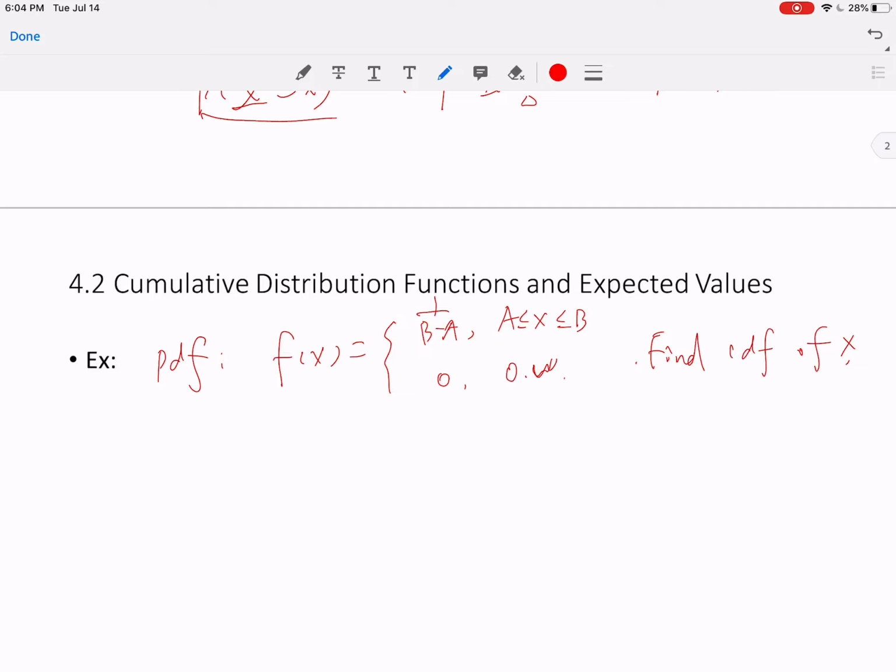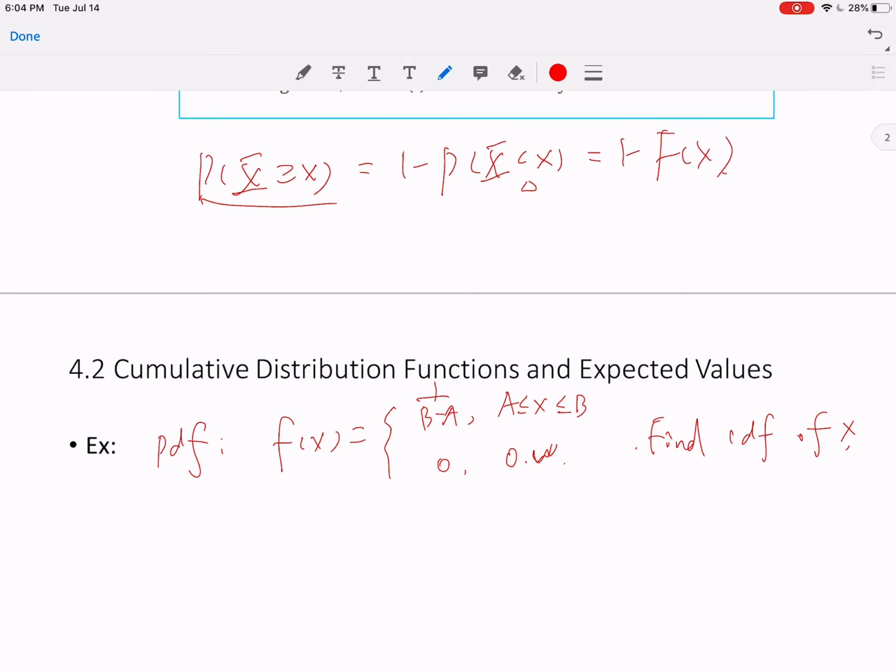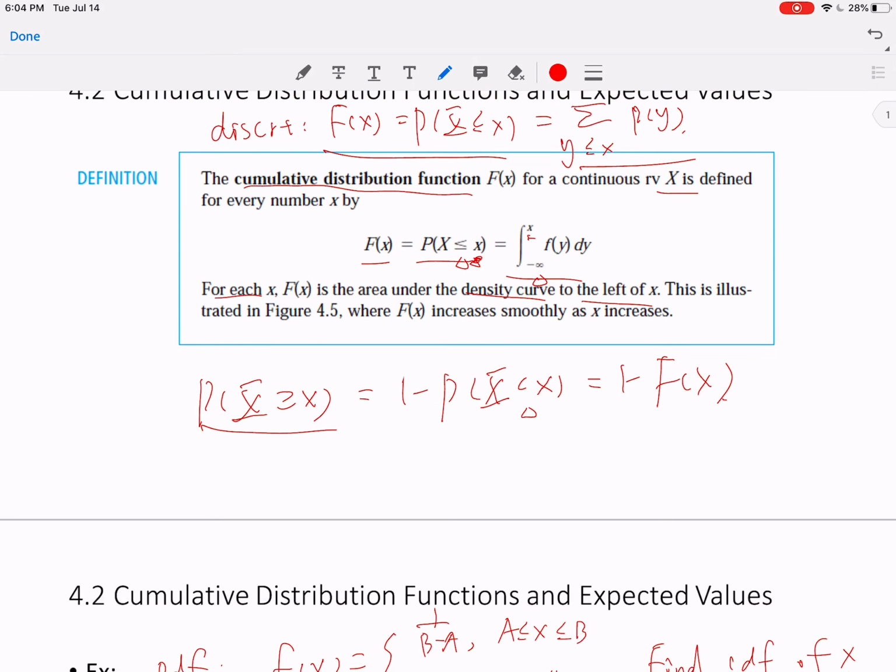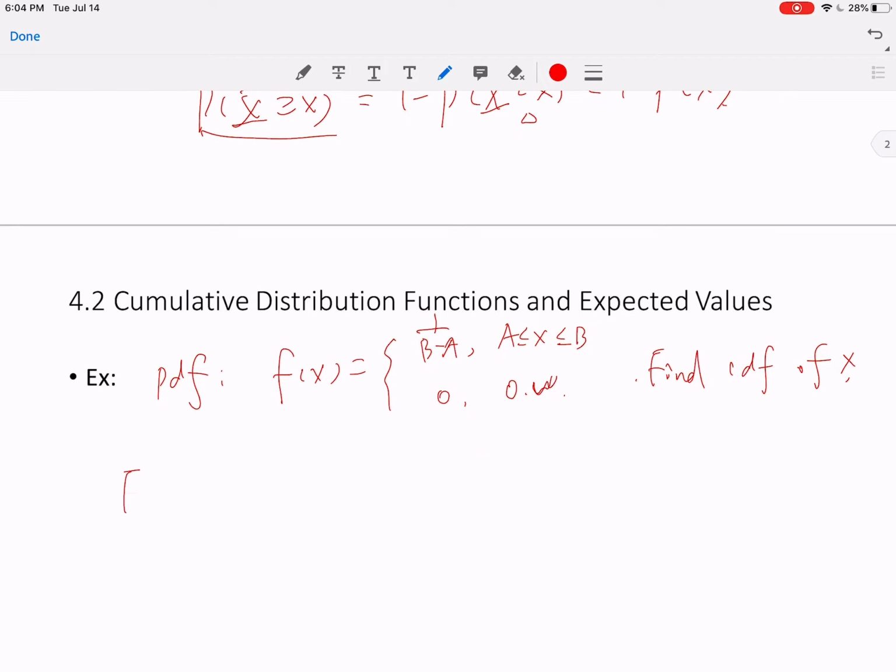If we want to find the CDF of X, we just go back to the definition. F(x) would be equal to the probability that X is less than or equal to little x, which is equal to the integral from negative infinity to x of f(y) dy.